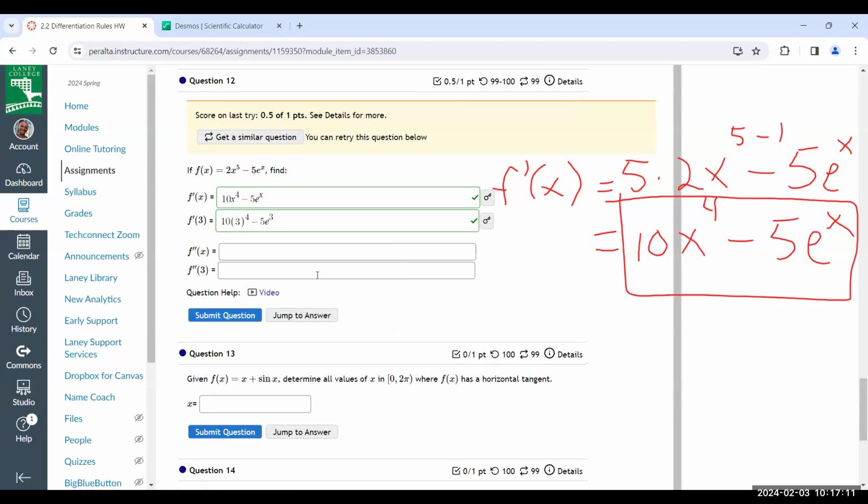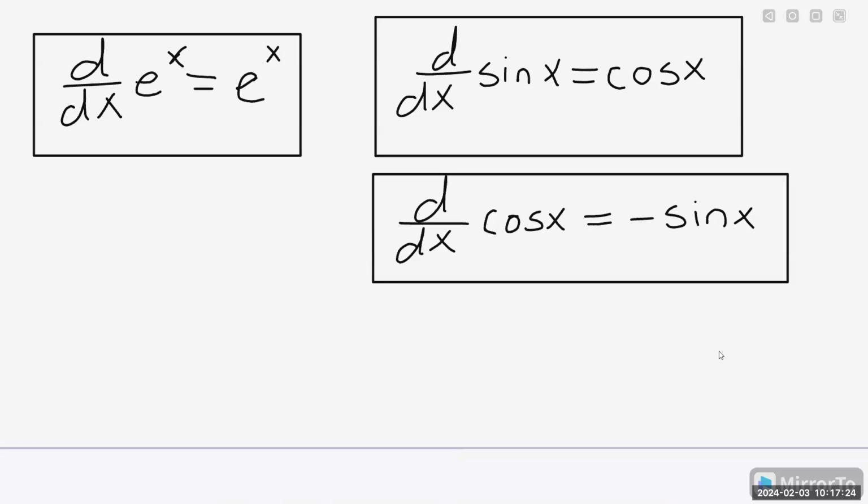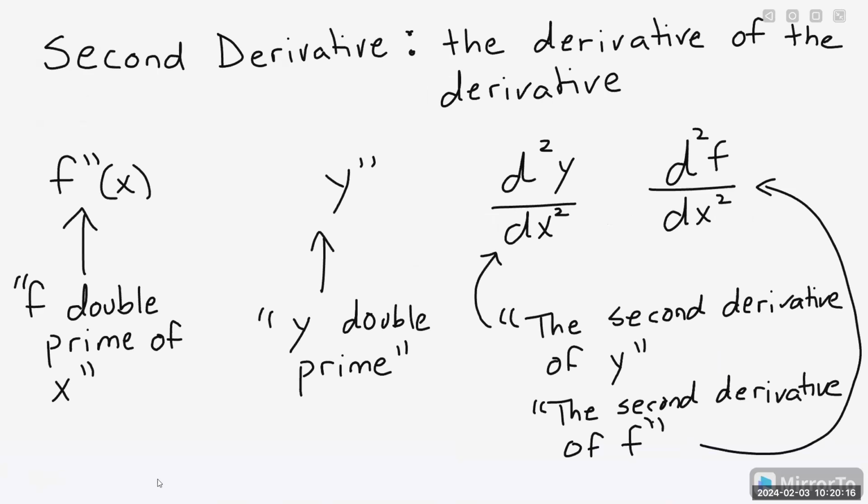Next, for the next part of this problem, they're asking us to find the second derivative. So I'll just explain the second derivative. The second derivative is the derivative of the derivative. So here you have the definition of the second derivative.